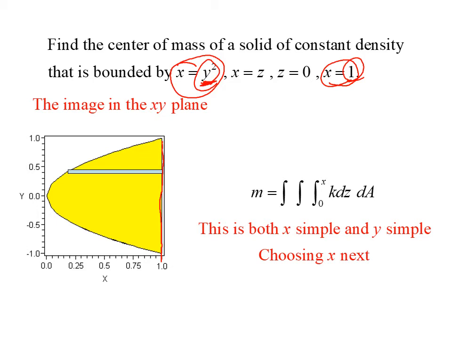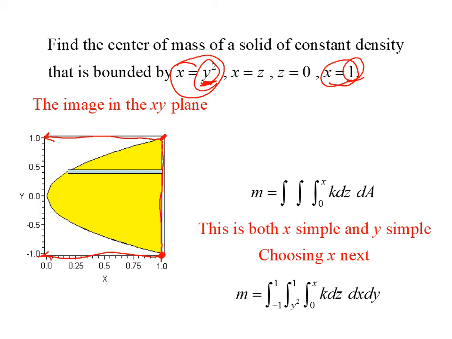And then, as you can see, the y value here at the bottom would be -1, and the y value at the top would be +1. So there's our setup for our integral.